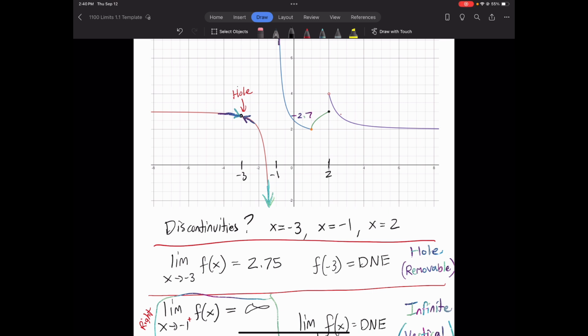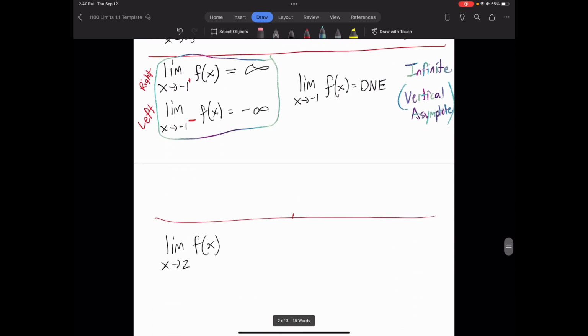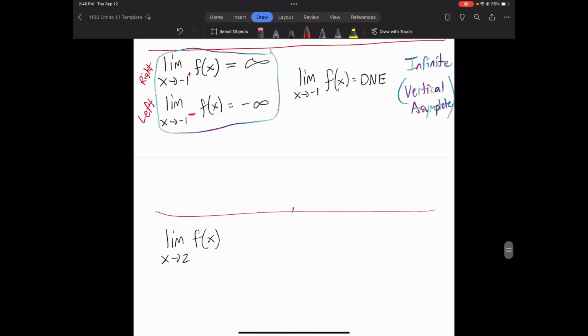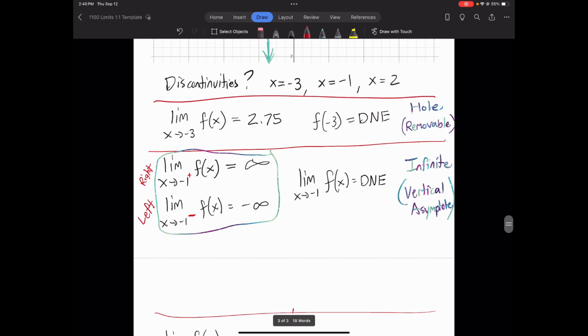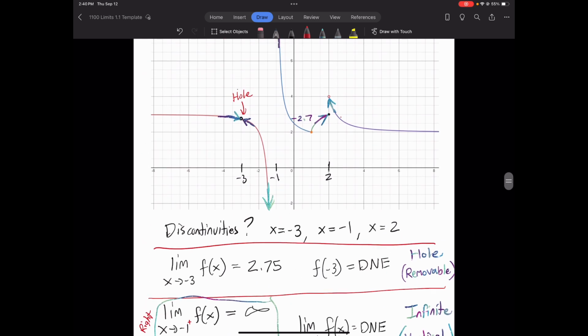Well, the same thing happens where depending on what direction I approach from, my function is approaching two different values. So if I come from the negative direction, if I come from numbers less than 2, which, remember, means I'm coming from the left, I'm approaching a y value of 3.